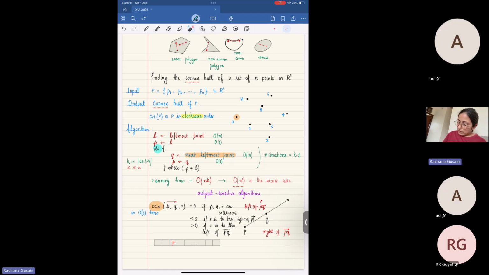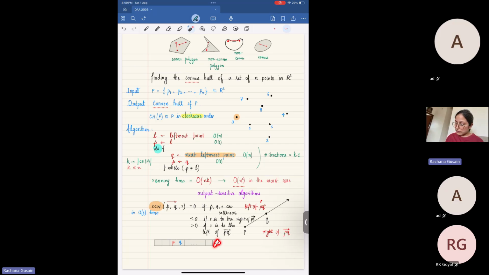When I'm looking for the next leftmost point, it can be any of these points, the points before P or the points after P in the array. It can be anywhere. So I start at the point which is after P. Think of this as a circular array.